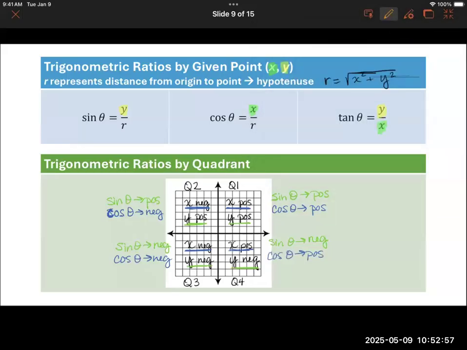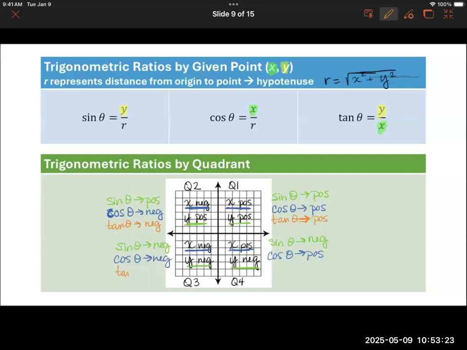And then finally for tangent, since tangent relies on both X and Y, having a positive Y over a positive X will give us a positive result. In the second quadrant, having a positive Y over a negative X will give us a negative result.